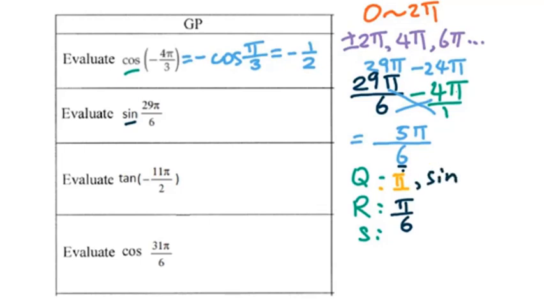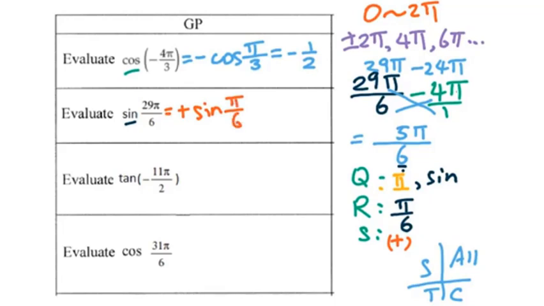For second quadrant, sine will be positive. So your answer will be positive sine pi over 6. Pi over 6 will be 30 degrees. That's how you will get the 1 over 2.